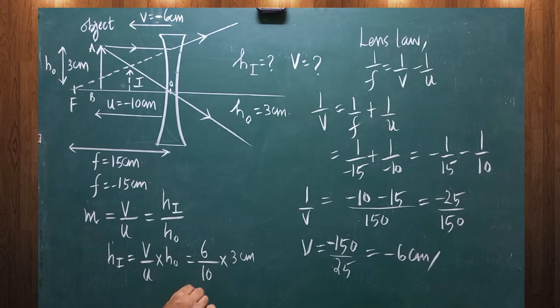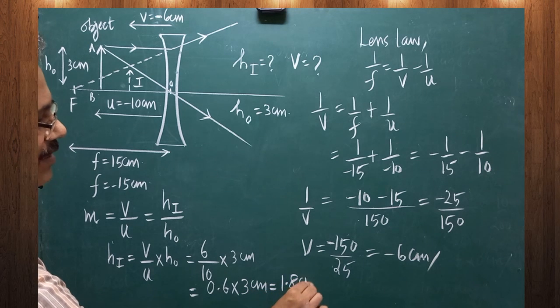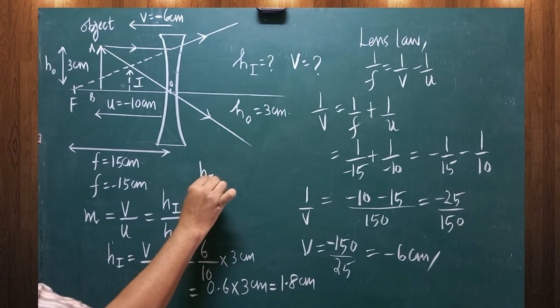Centimeter is important. 6 by 10 is equal to 0.6. That is to be multiplied with 3 centimeter. If you multiply these two, you will get 1.8. 6 into 3 is 18, 0.6 is there, therefore 1.8 centimeter. So this is the height of the image.